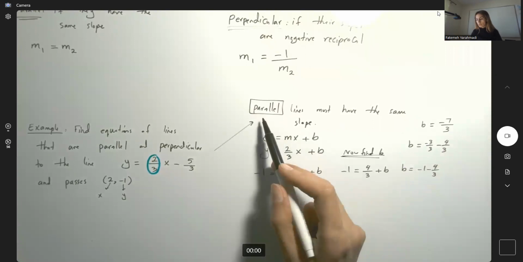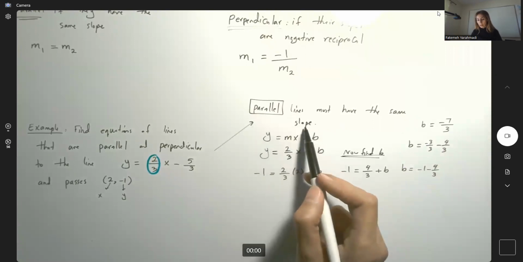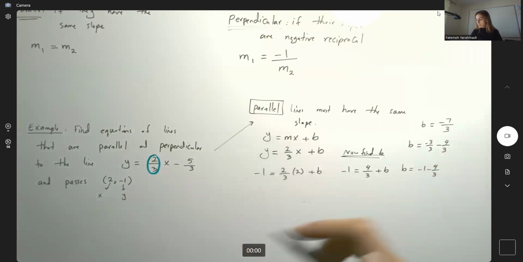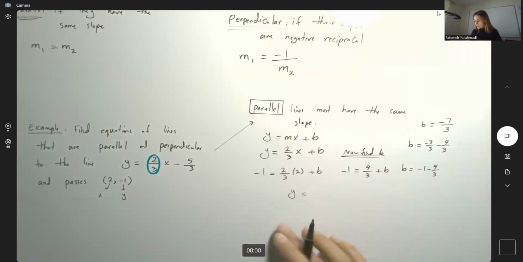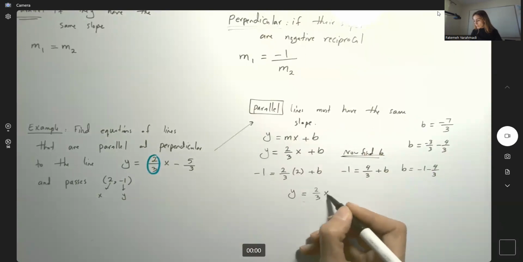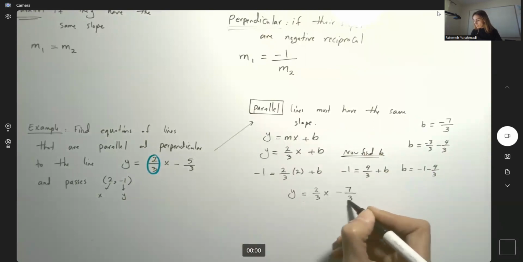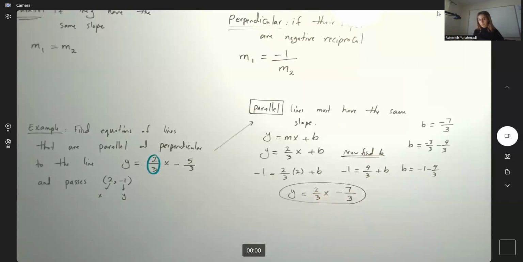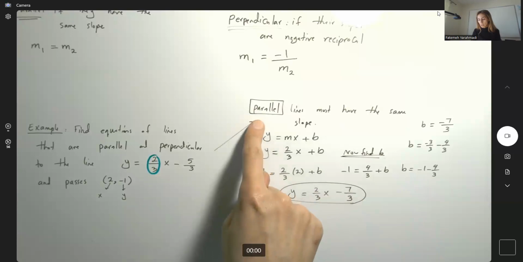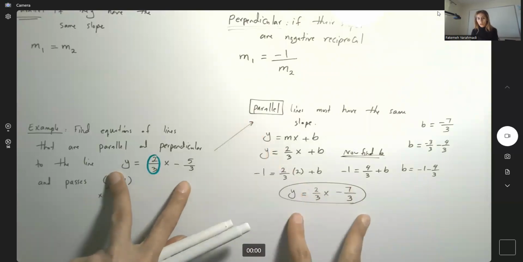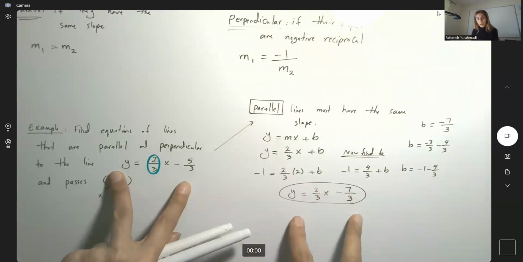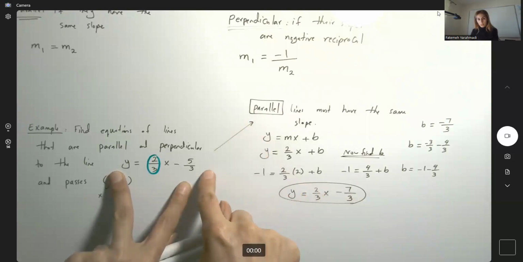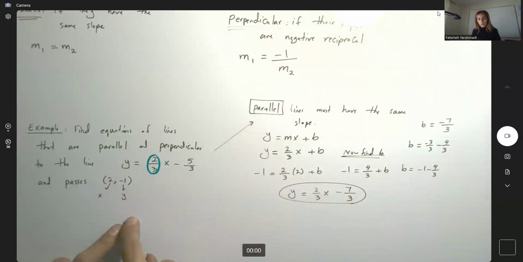So the equation of the line that is parallel to this line is y equals 2/3 x minus 7/3. This is how we find the parallel line to this original line. This line is parallel to this line, and it passes through this given point.